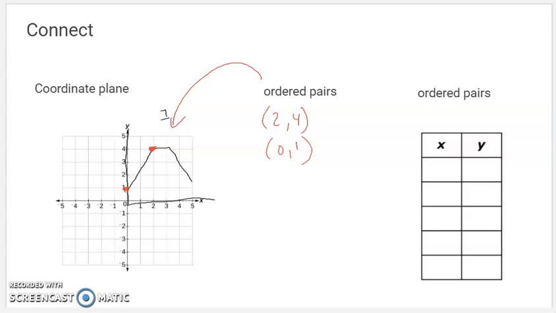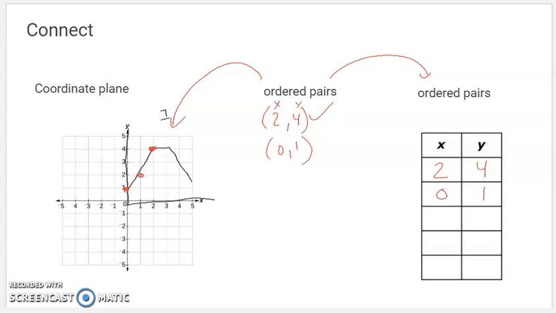And then sometimes we also list lots of ordered pairs in a table like this, rather than putting them in parentheses individually. We could list a whole lot of points on this graph by saying 2, 4, that's this one. Remember, the x coordinate is first, the y coordinate is second. And then 0, 1 also on there.